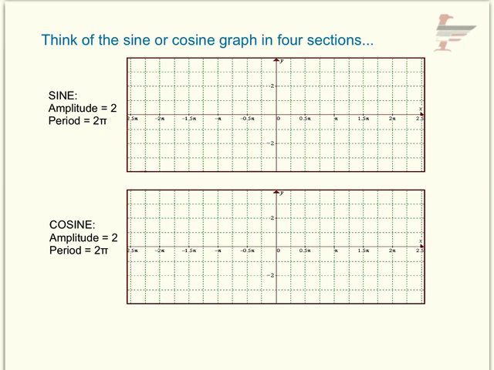When you're graphing sine and cosine graphs, you're going to think of the graphs as kind of 4 sections, and I kind of highlighted that at the beginning of the video here. So let's just say you have a sine wave and the amplitude is 2 and the period is 2 pi. Okay, so I want you to envision, you know that your period is 2 pi, so from 0 through 2 pi is where one cycle will occur.